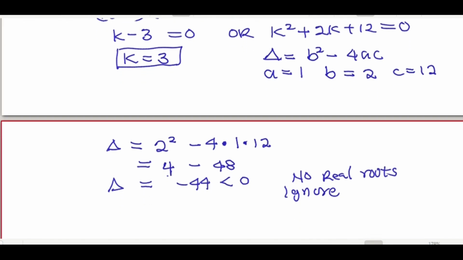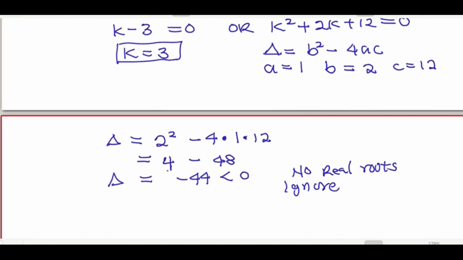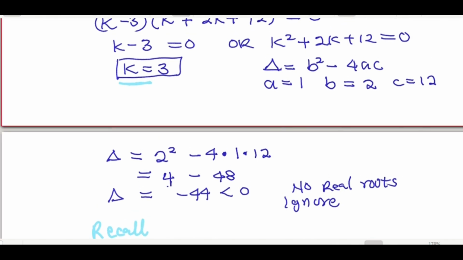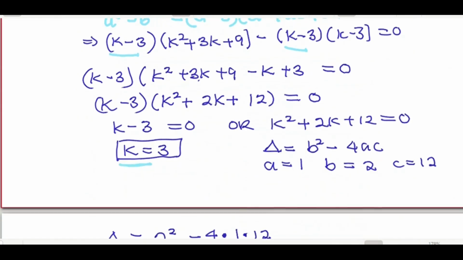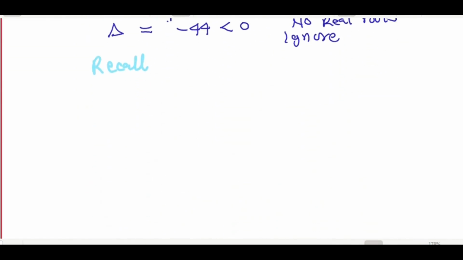Then we come and concentrate on k equals 3. Let's go up. Recall, we said k was equal to root x plus 1. So let's bring it down there. We have k equals root x plus 1. But k is equal to 3 in this case.